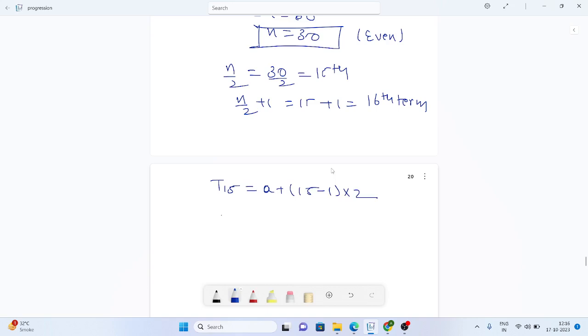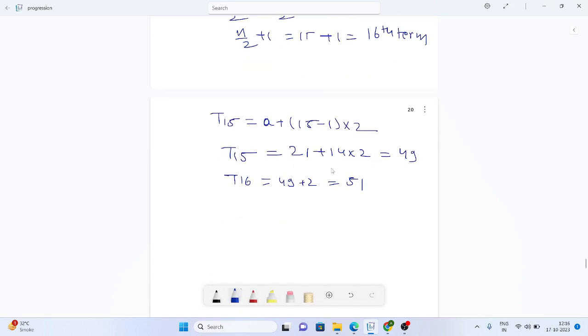So here you get the 15th term as 49, and the 16th is 49 plus 2, 51. These are the terms of the AP. So first we have to find the 15th and 16th terms of the HP, which are nothing but the reciprocals of these. So the terms of the HP are 1 by 49 and 1 by 51, right?